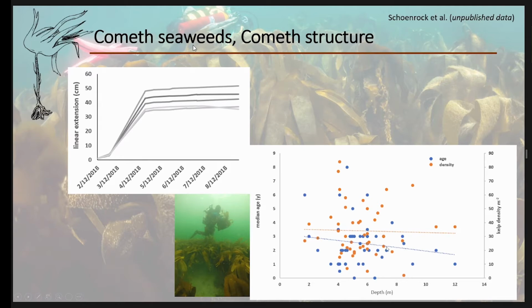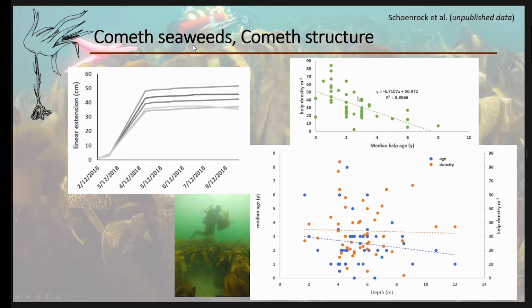And it starts to slow down as you get deeper in the water column. And that kind of makes sense from a light perspective. So they're getting less light, maybe not able to grow as much, but also maybe a disturbance perspective, or they're just getting outcompeted at those depths.